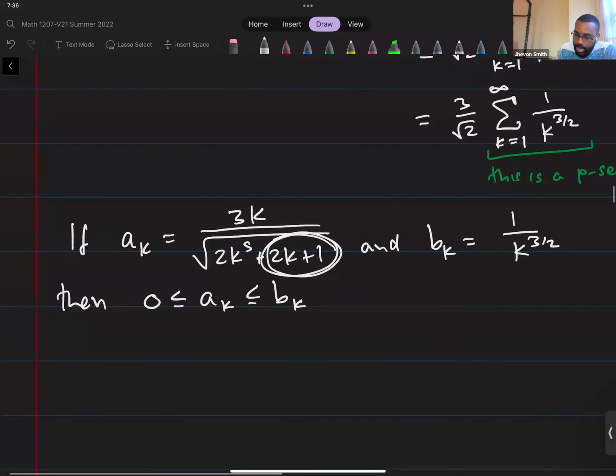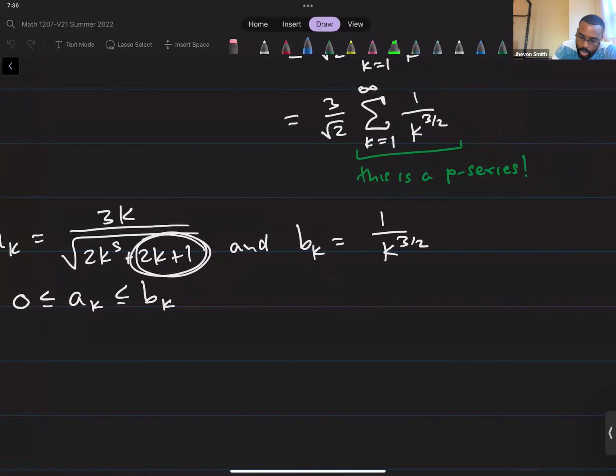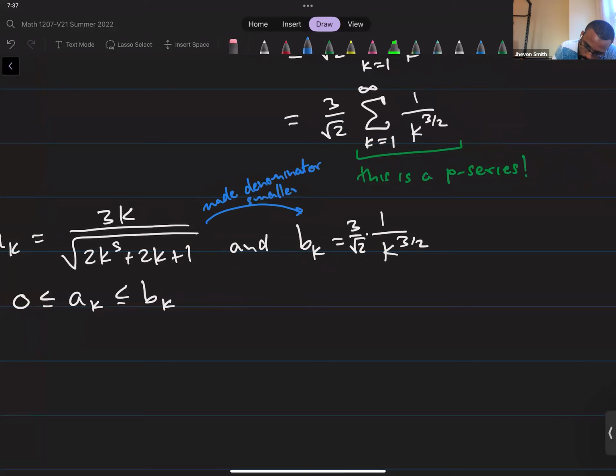Technically, I want to keep the 3 over root 2. So to get from this one to that one, I made the denominator smaller, because 2k plus 1 is a positive number, and I took that away from the denominator.